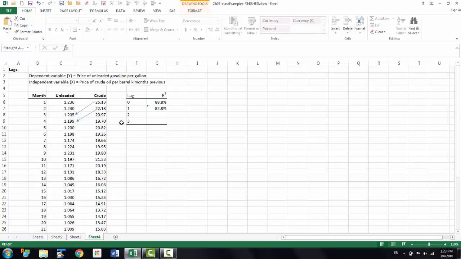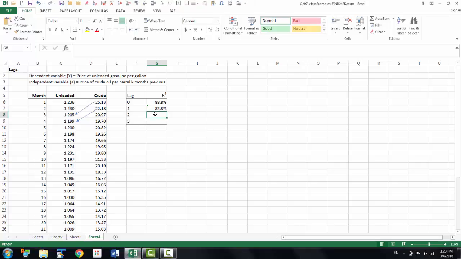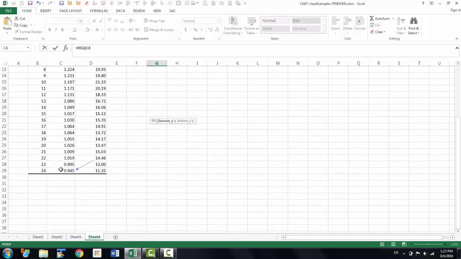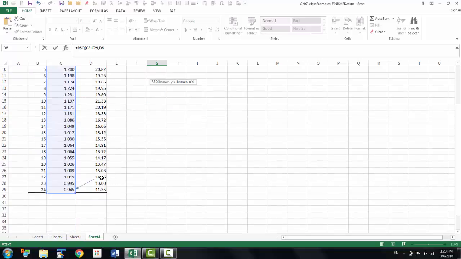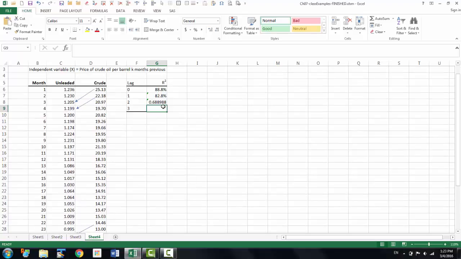So if you're going to use a lag of 2, you're going to lose 2 periods of data. For the Y column, you have to leave the first 2 periods off, and for the X column, you have to leave the last 2 periods off. Now that will give you the R squared value with lag of 2.